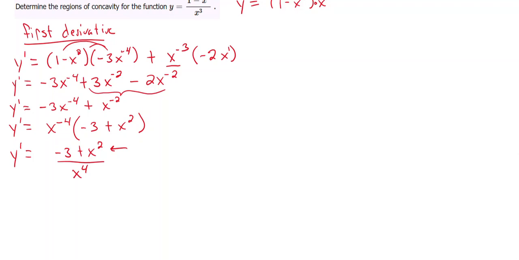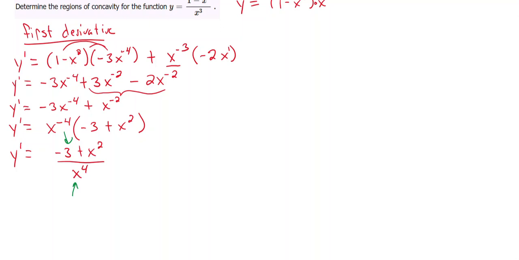All right, so that's the first derivative. But if we want to know the regions of concavity, then we need to figure out the second derivative. So now moving on to the second derivative, we've got some options. I could do the same thing, right? I could use the quotient rule, call the top my f and the bottom my g, or call it -1 like we did in the first one.